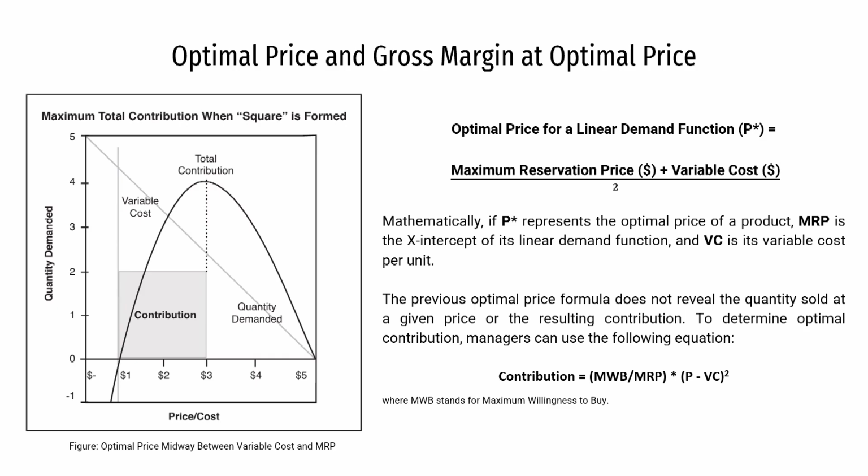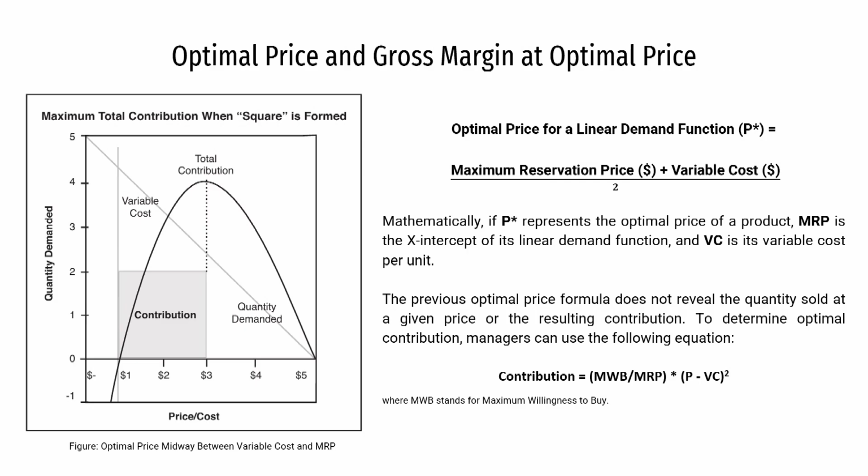If you see the graph on the left-hand side, MRP is the x intercept of the linear demand function, that is, the maximum reservation price. This concept was already illustrated in our previous classes. And let us say VC is the variable cost per unit.